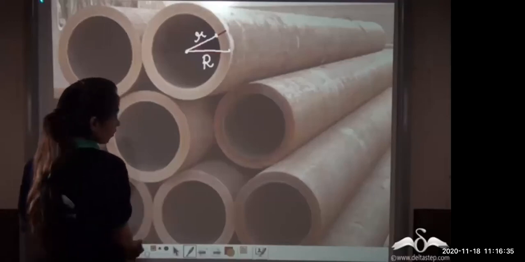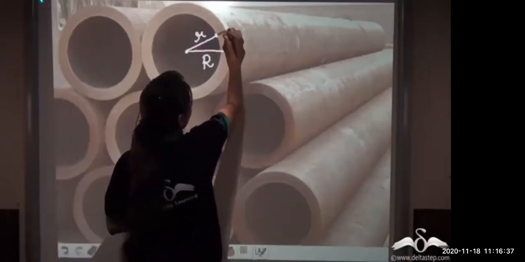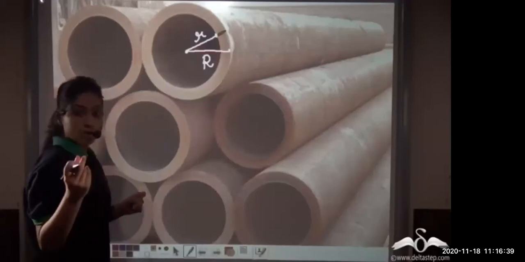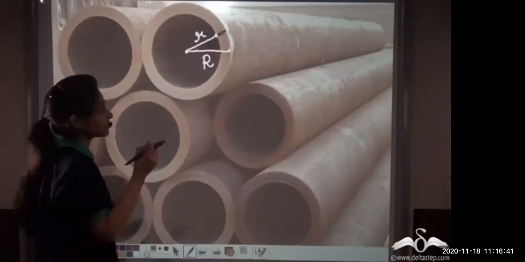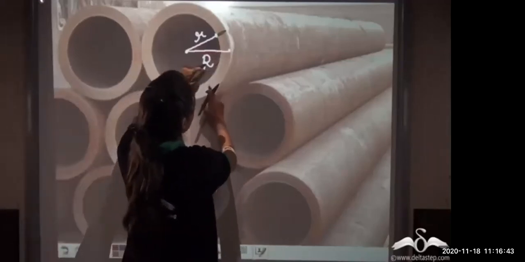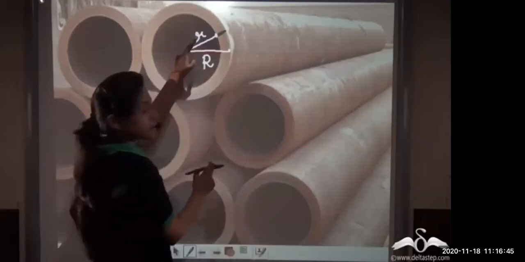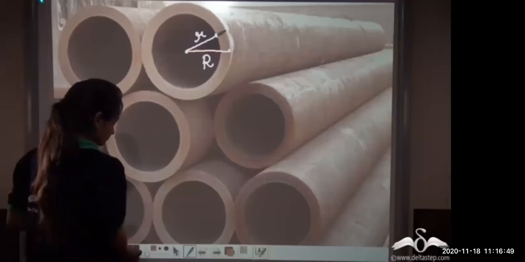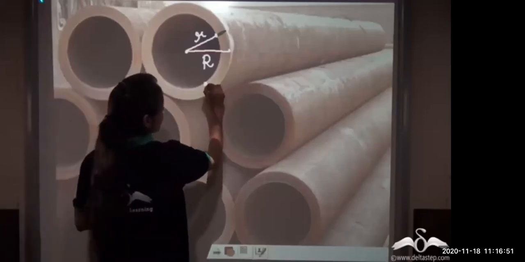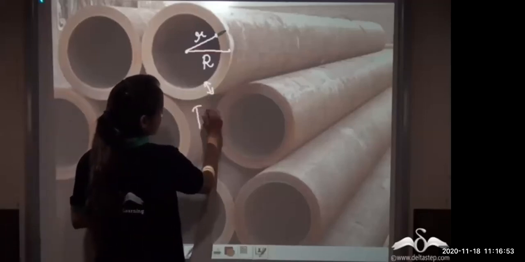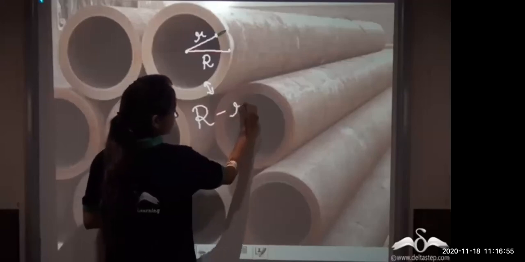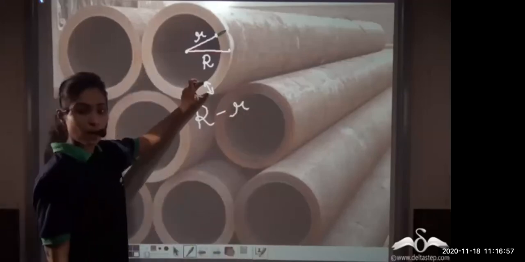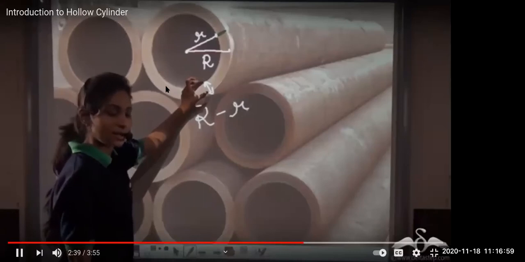Now, what is the thickness of this cylinder? Now, hollow cylinder has to have some thickness so that we can distinguish the external radius from the internal radius. So, how can we denote this thickness? Well, this thickness is actually external radius minus internal radius. Now, that is the way how we get the thickness of this cylinder.